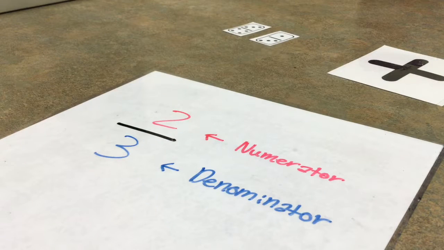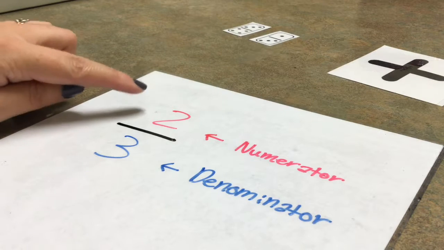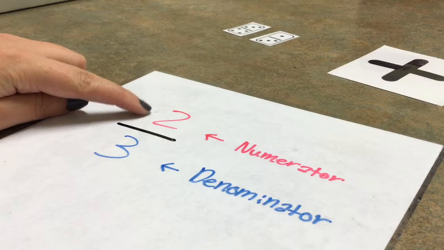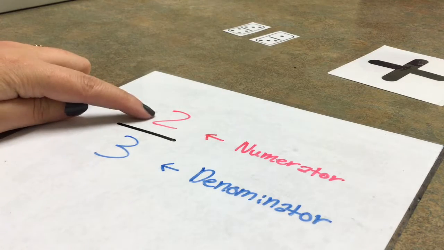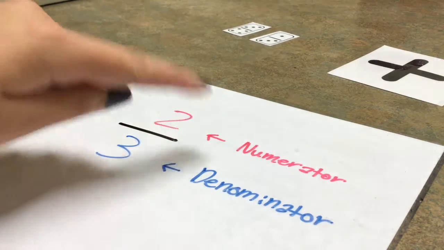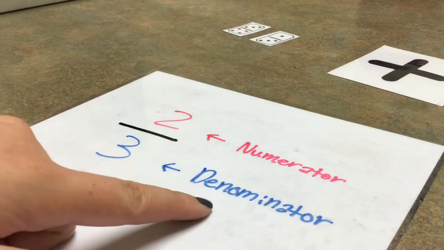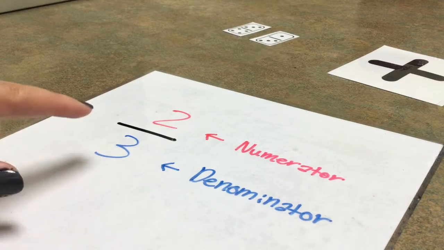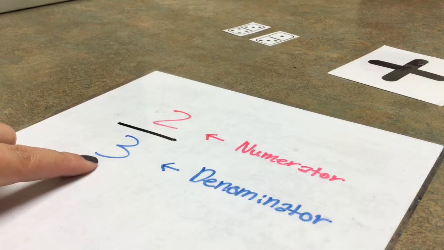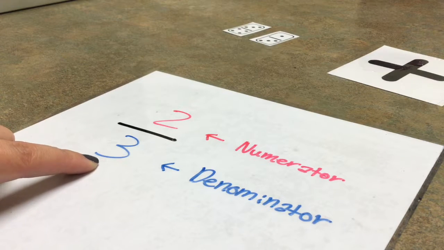Okay, so now that we have gone over our standard, we are going to do a quick review of the parts of a fraction. So, for the 2/3, our 2 is our numerator and our 3 is our denominator. Now, the denominator means how many total pieces make up our whole.